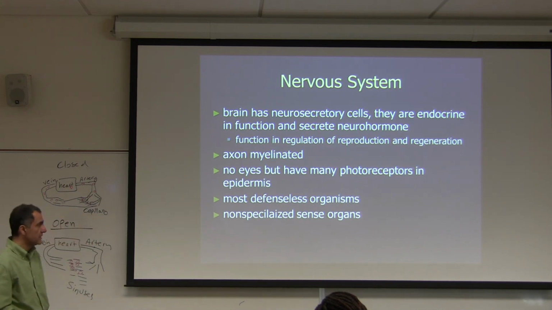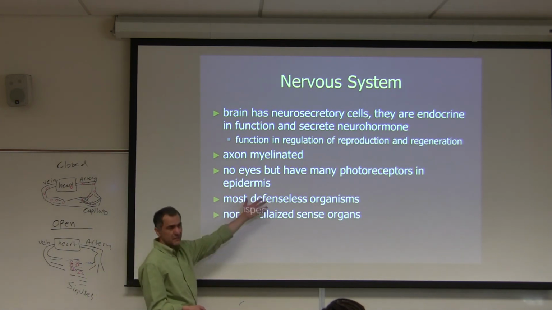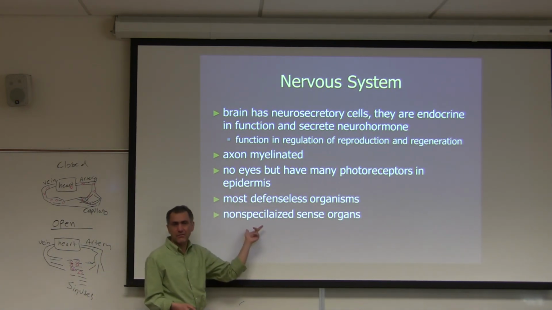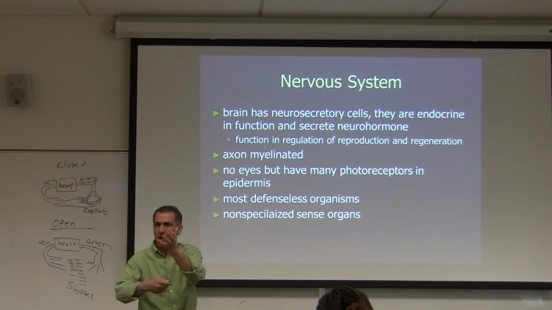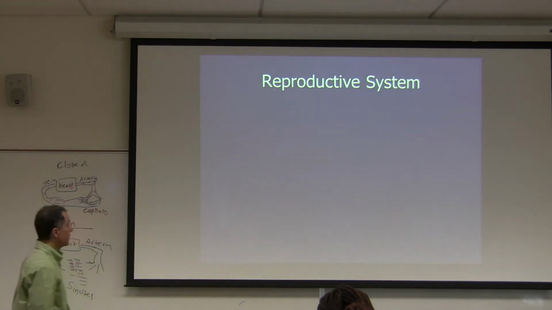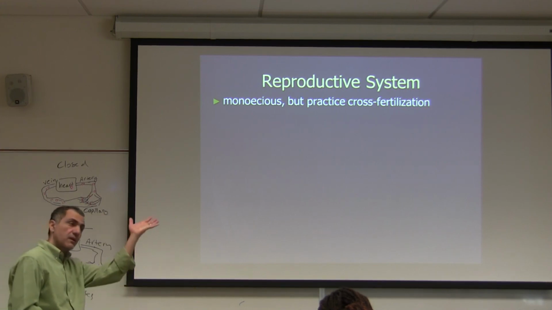Non-specialized sense organs, they have some palps, and photoreceptors, that's about it. They do not have any special sense of feeling, touching the environment, and so on. Reproductive, monoecious. Earthworms are monoecious. The sandworms are dioecious. You remember the sandworm, Nereis virens?